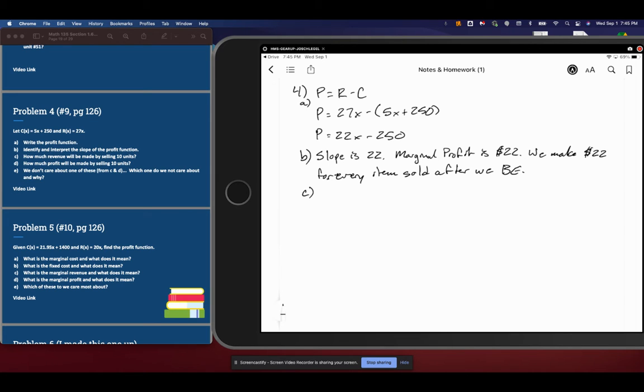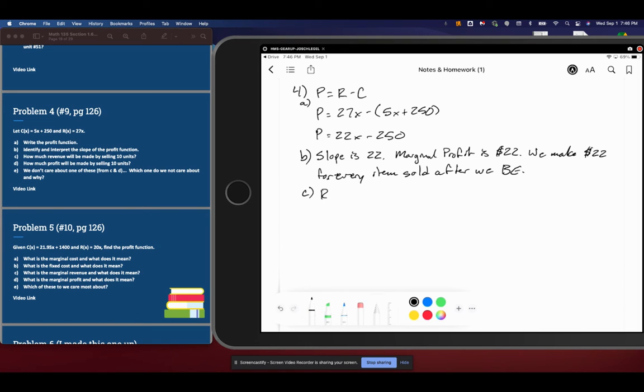C, how much revenue will be made by selling 10 units. And so we're going to take our revenue function, 27x. One way to put that is like this, with the 10 inside the parentheses there, 27 times 10. I prefer myself, everyone, just to do the R without the x. It just seems a little bit cleaner to me.